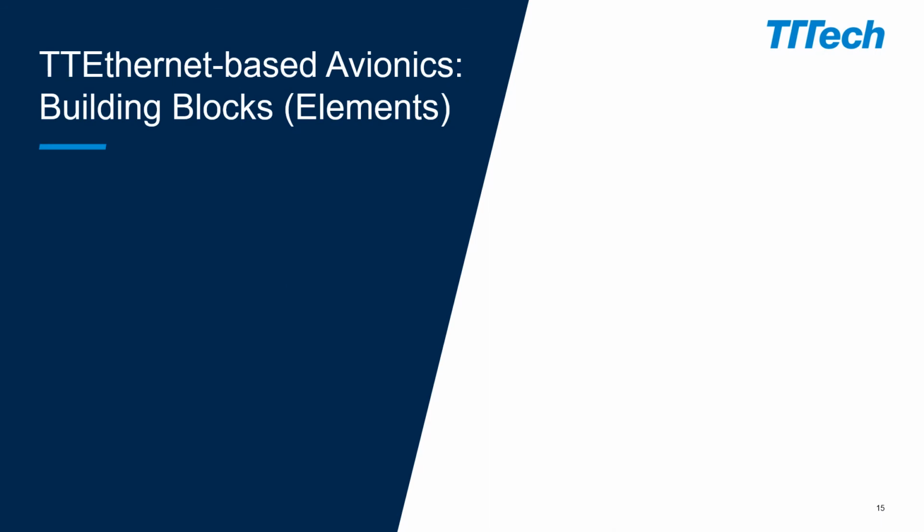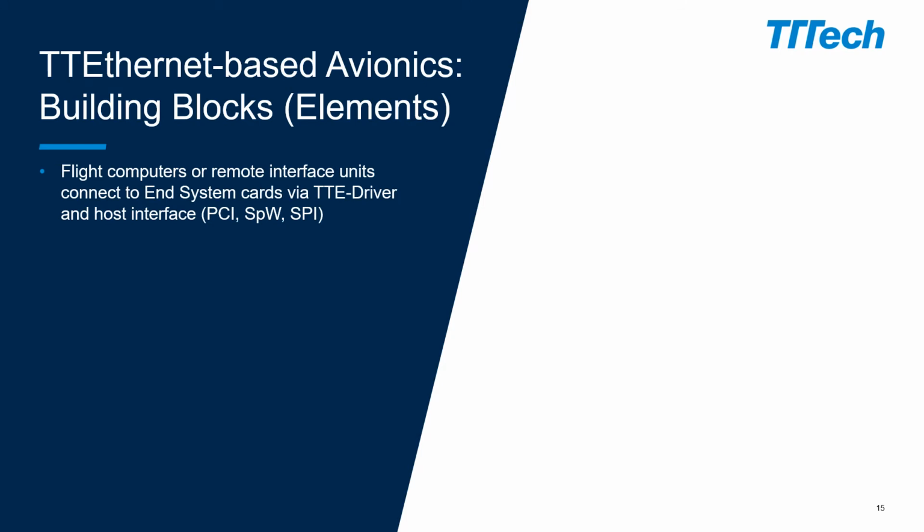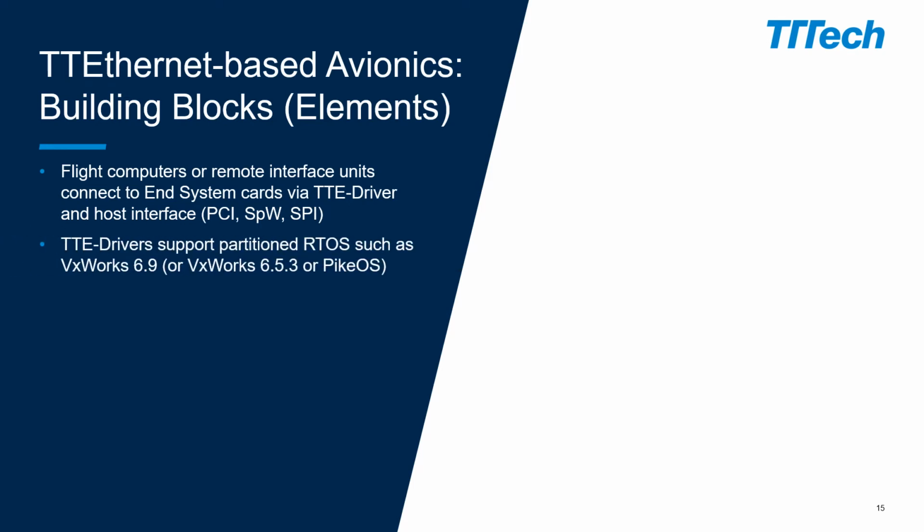What are the building blocks that are being developed for this TT Ethernet-based avionics? Well, flight computers or remote interface units connect to end system cards via a driver and host interface, which could be either PCI, SpaceWire, or SPI.